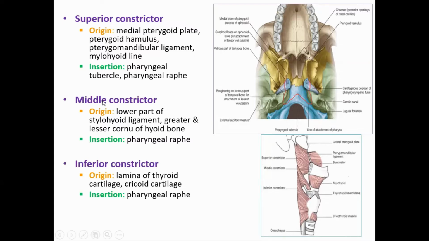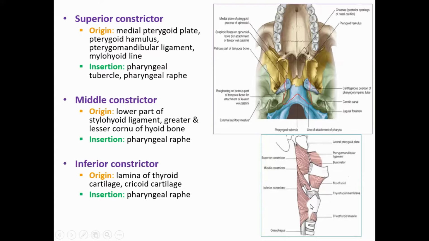Middle constrictor has its origin from the lower part of the stylohyoid ligament and the greater and lesser cornu of the hyoid bone. Its insertion is common, on the pharyngeal raphe.